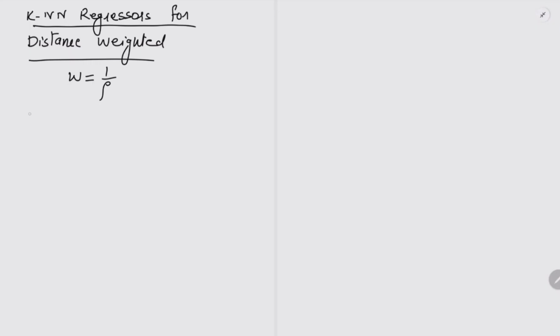So we have a neighbor at x equal to 2. The distance is 2 and the weight is 1 over rho. That's how the distance is defined.